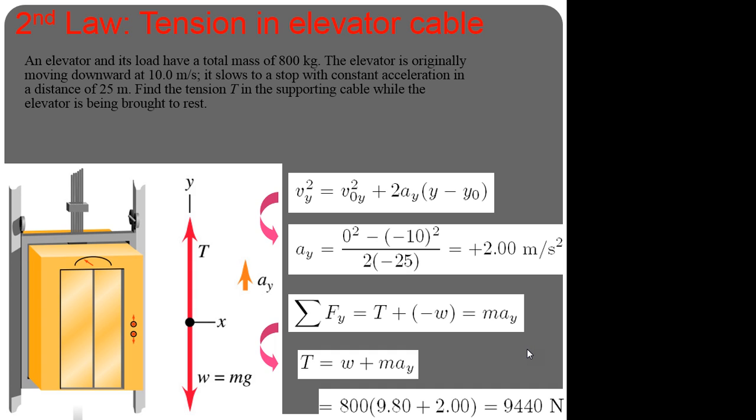The opposite is that if it's moving up and coming to a rest, the tension will be smaller than its weight. And when it's at the top and starts to accelerate downwards, the tension will be less than its weight. So the most likely situation where it breaks the cable, I hope it doesn't, is when it's moving up and accelerating up.